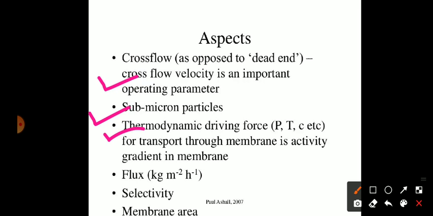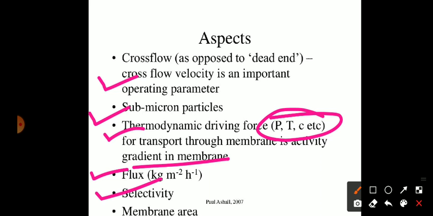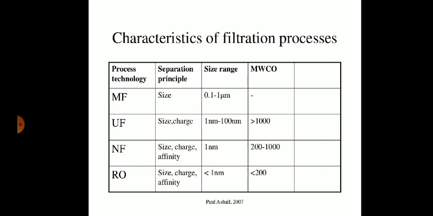Thermodynamic driving force, pressure, temperature, concentration etc. for the transport through membrane is the activity gradient in the membrane. तो इसके अंदर प्रेशर टेम्परेचर जो है वो एक्टिवली वर्क करते हैं. Flux kg per meter squared per hour we can say, or selectivity and membrane area. So these are the characteristics of the filtration process.